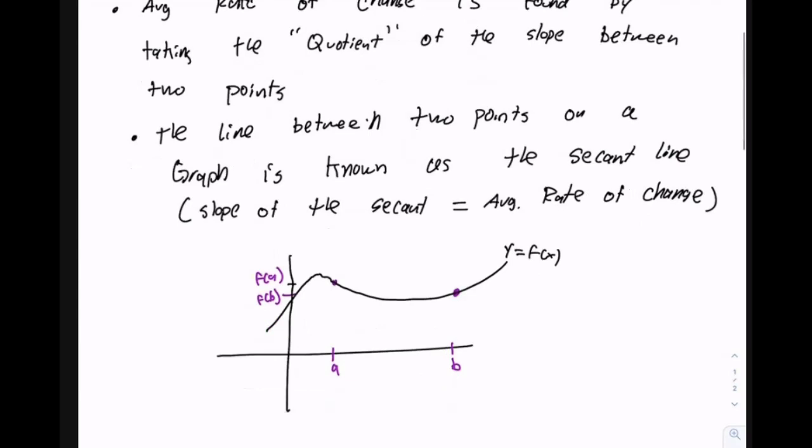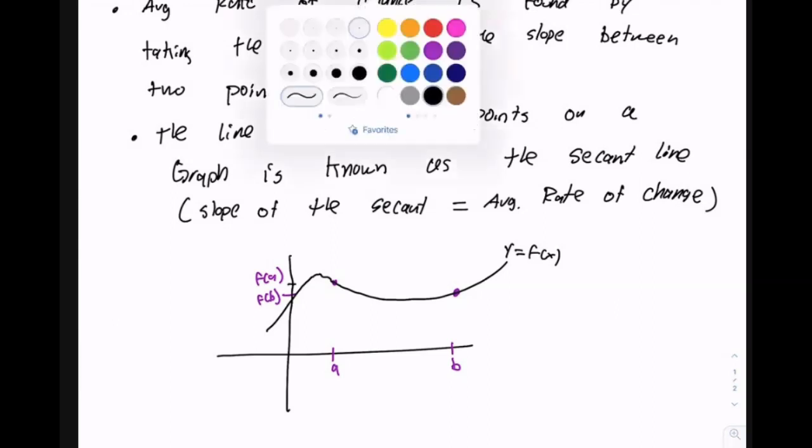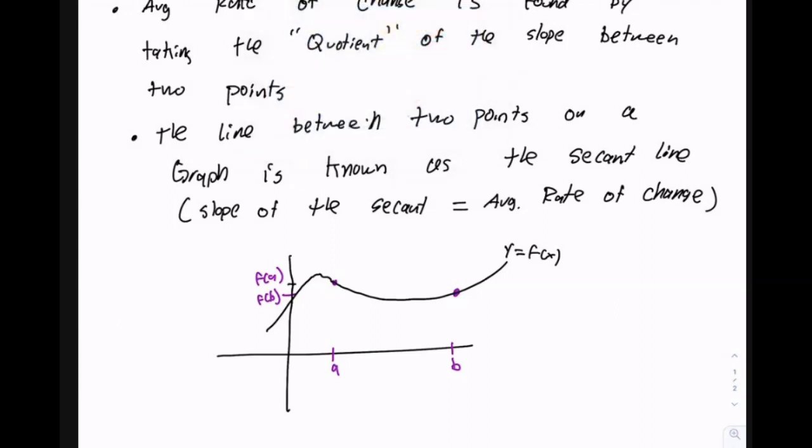You have a graph, you have 2 points. That's the main thing. So we have a graph, a function, we have 2 points. When I connect these 2 points, I have what is known as a line. Now this line is referred to as a secant because it goes through 2 points.